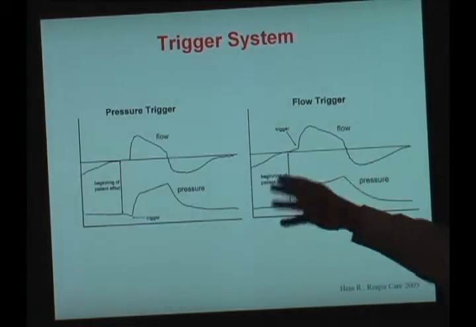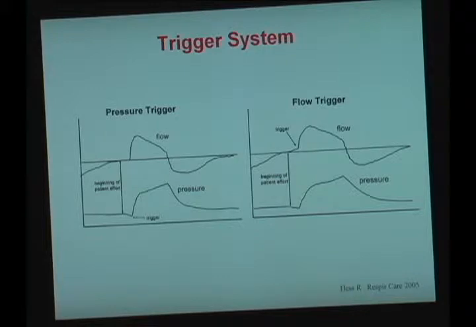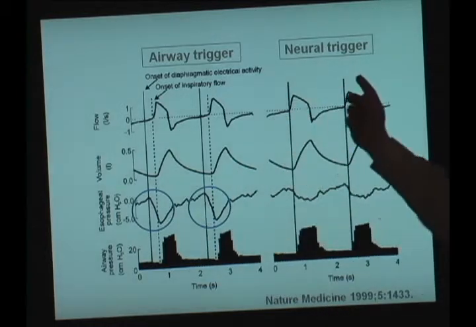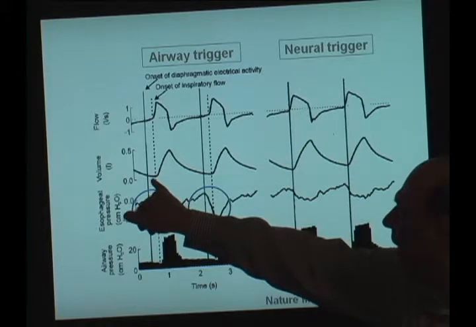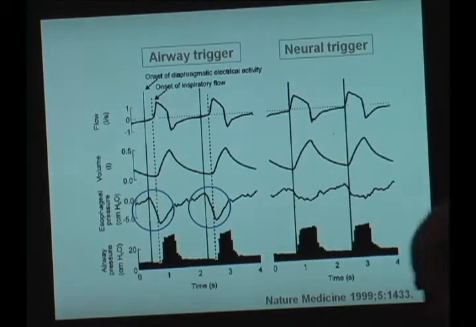Everybody knows the difference between pressure and flow trigger? When we play with the neural trigger, the delay that occurs in the airway pressure disappears with the other system.